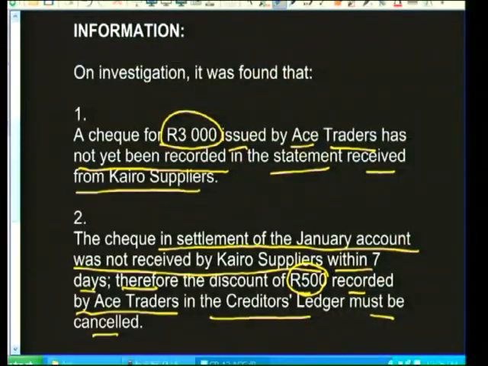We've sent them a check in settlement of an account, and we've claimed a discount of 500 Rand. What have they done? According to them, it was not done within 7 days. They haven't received the payment, and as a result, they're not accepting the discount of 500 Rand. Okay? At the end of the day, we must comply with our creditor.